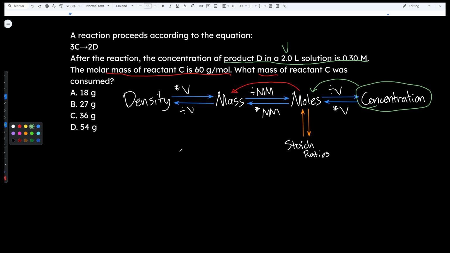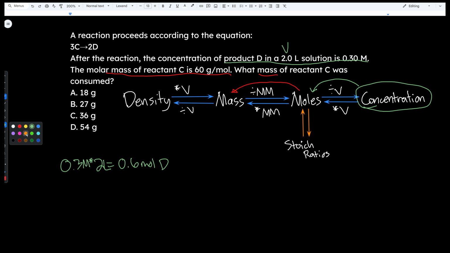Okay, so let's start off by converting concentration to moles. The way that we do that is we're going to multiply the concentration. So 0.3 molar concentration times 2 liters is going to give us a number of moles that is 0.6 moles. So that's how many moles of D we actually have.